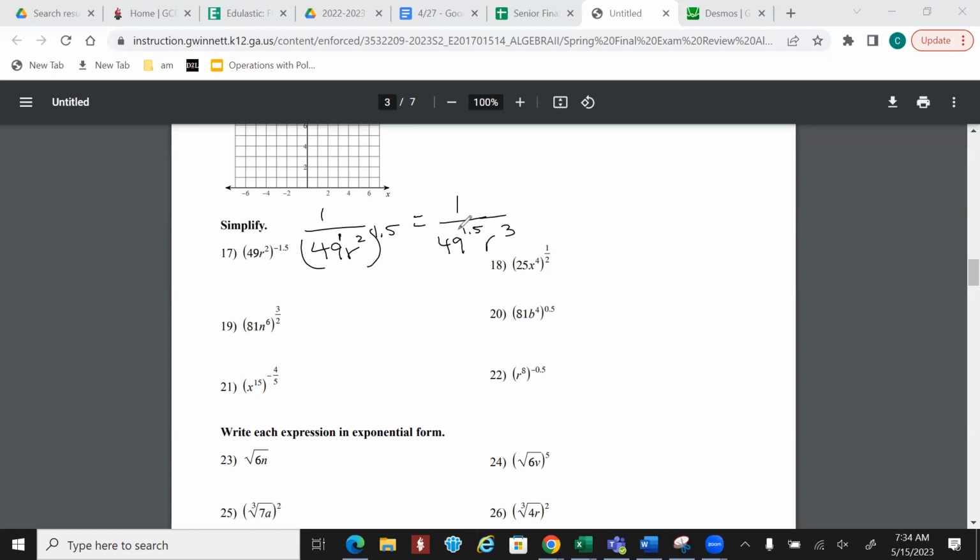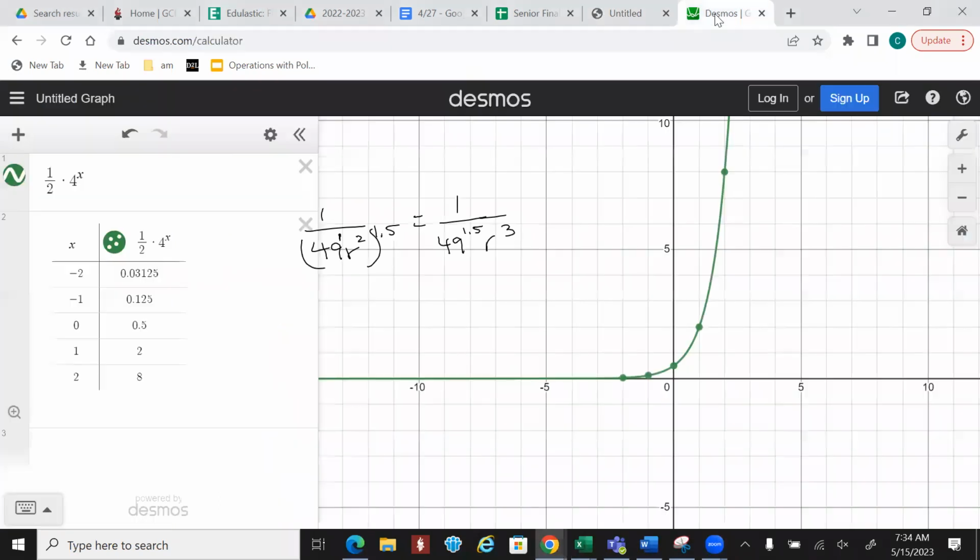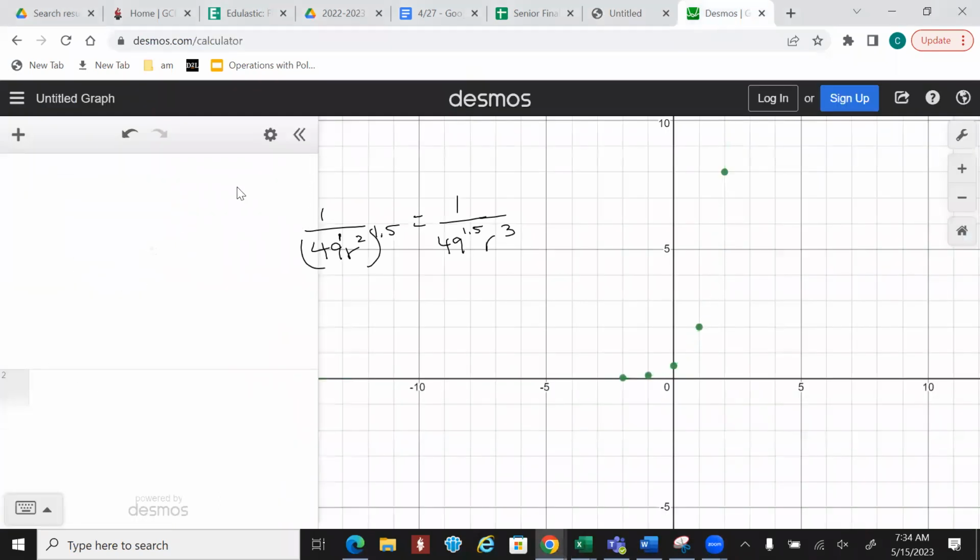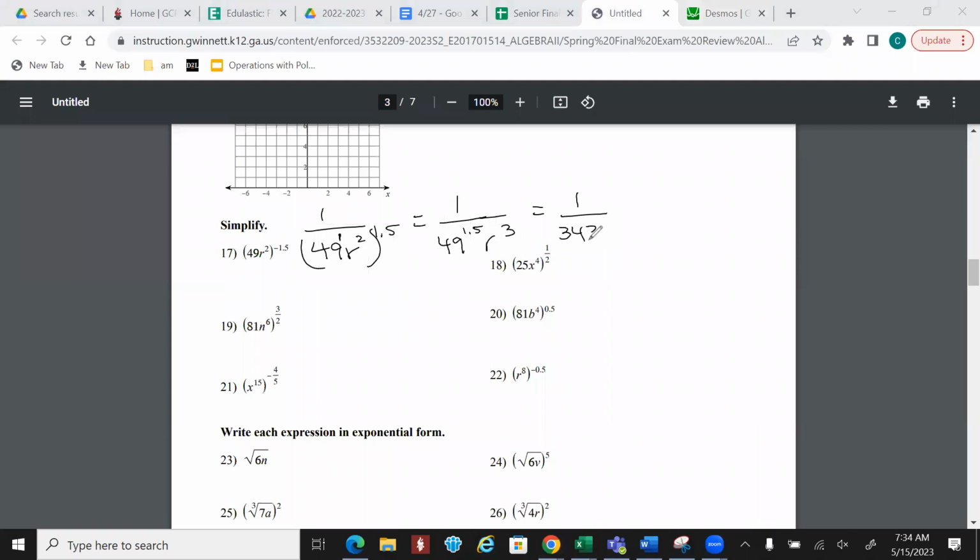Okay, so if I take 49 and I raise it to the 1.5 power, let's see if that simplifies at all. That gives me 343. So I could rewrite this as 1 over 343r to the 3rd. You're good.